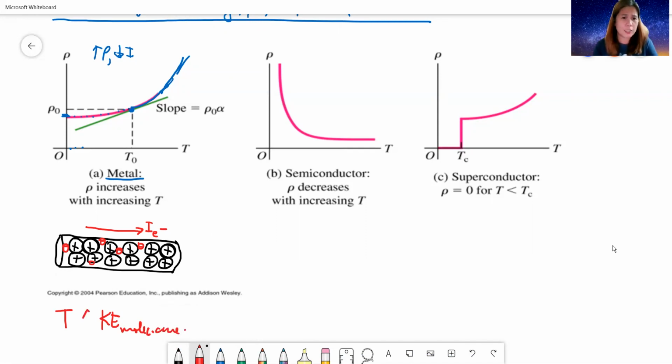The greater the temperature, the greater the kinetic energy, and greater kinetic energy is directly proportional to the speed of a particle.